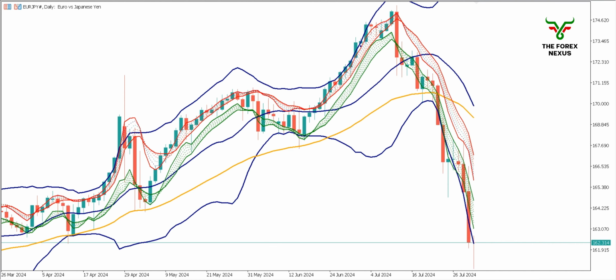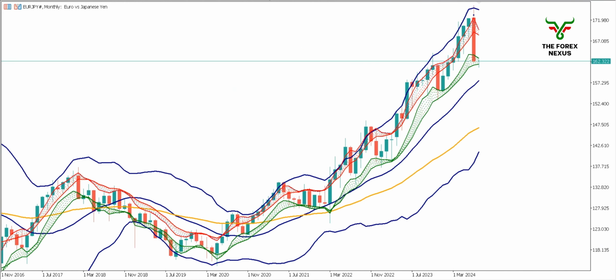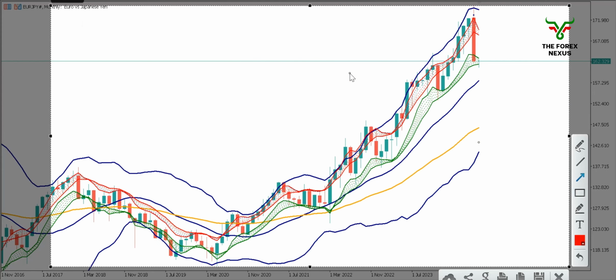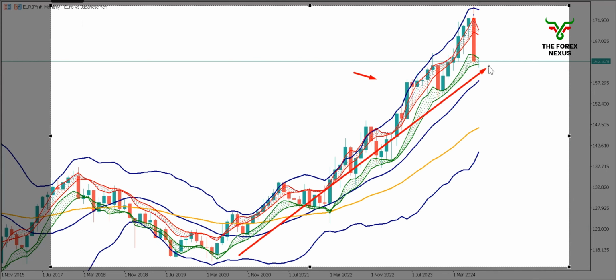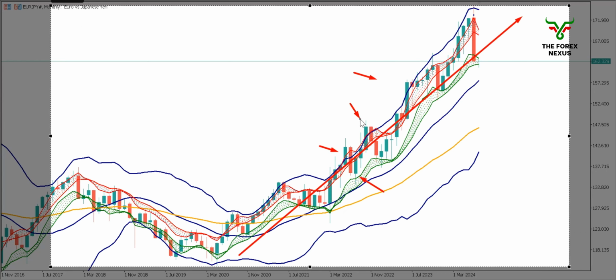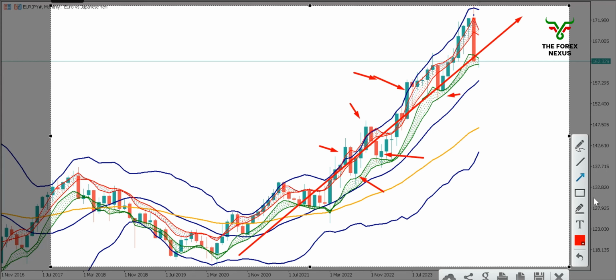This is EUR/JPY. Let's start from the high time frame, monthly. On the monthly time frame, what do you see, guys? I am seeing that we have a long bullish trend run. The Bollinger Band was expanding, the market was giving momentum, then re-entry, momentum, then re-entry, momentum, then re-entries. But here the market lost its volume. You can see here it is doing inside momentum, but not giving a clear momentum outside.